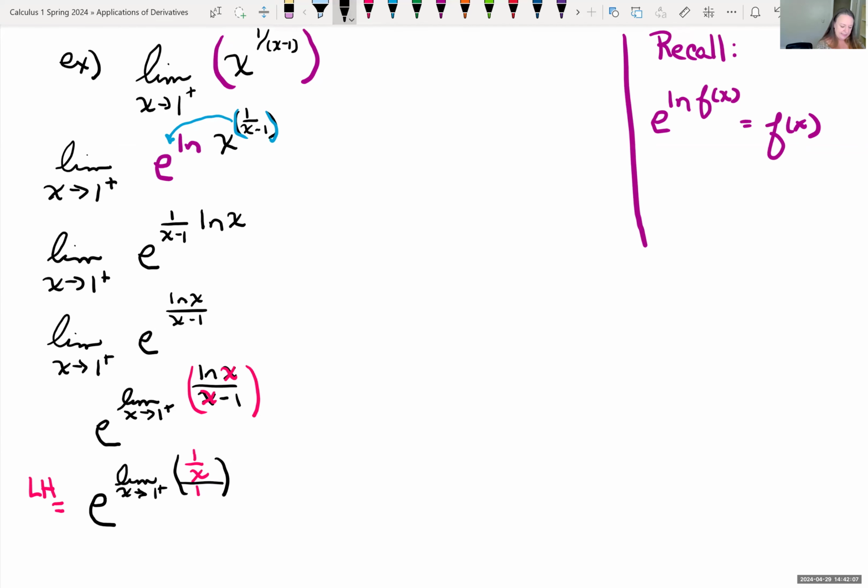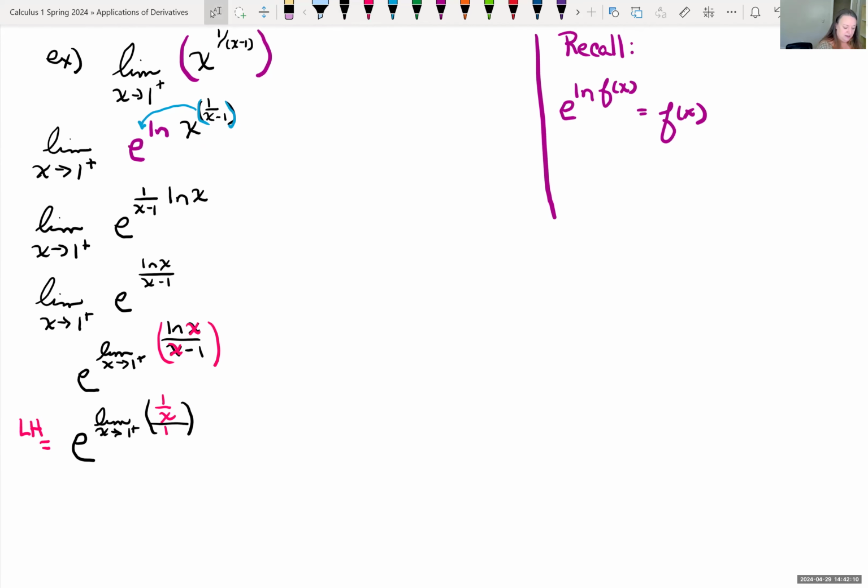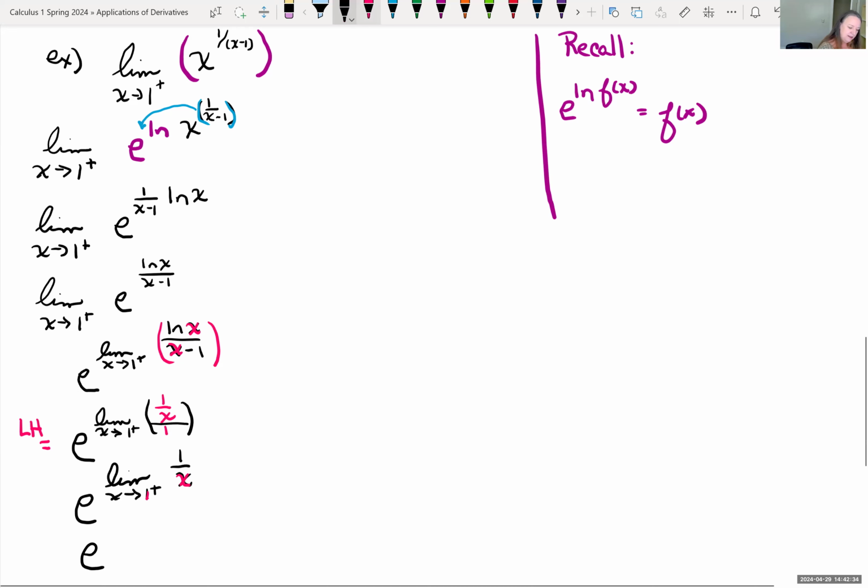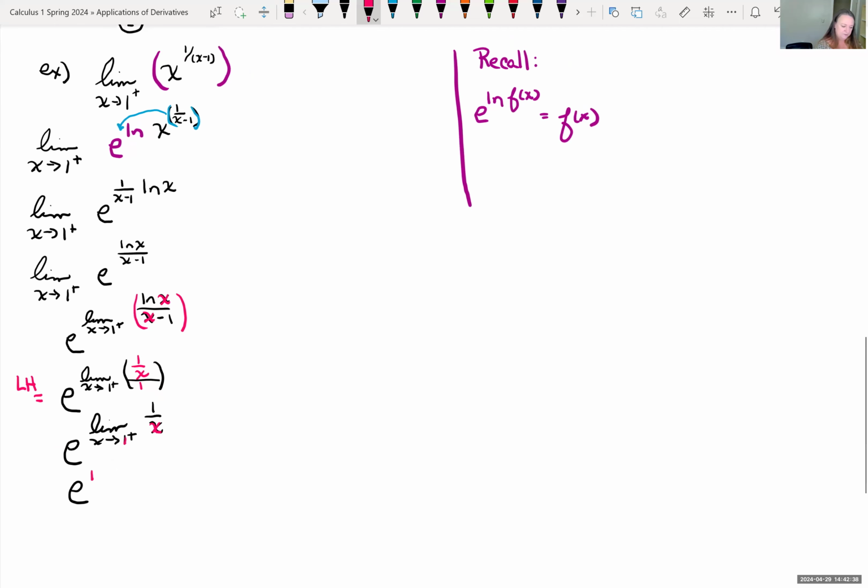So looking at this, we have e to the limit as x is approaching 1 on the right of really just 1 over x. If we do the direct substitution in that exponent, the limit as x approaches 1 on the right of 1 over x is just 1. And so this is e to the first power, which is just e.